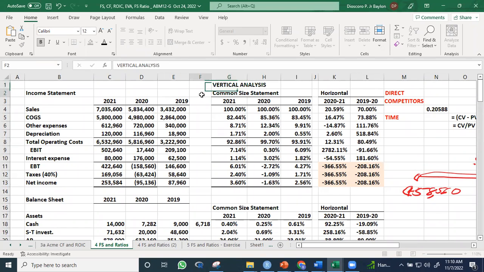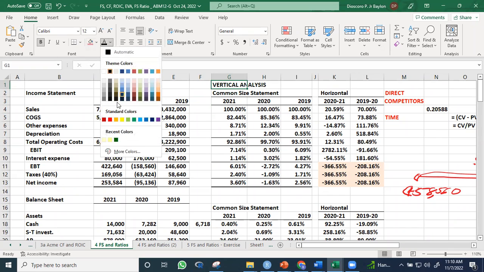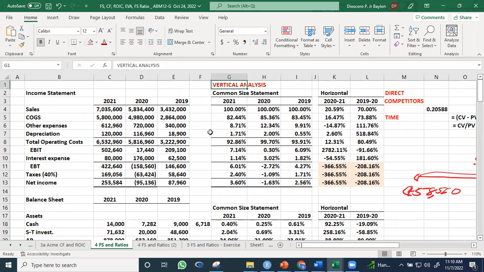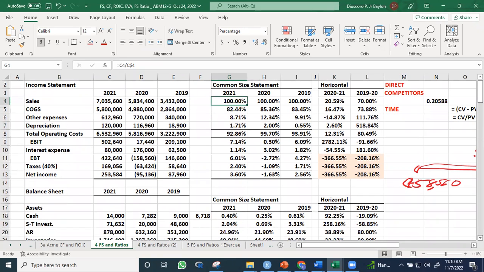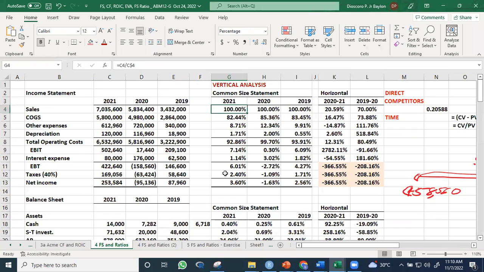Okay, this is called vertical analysis because everything is expressed in terms of a particular account. For the income statement, it's sales. So sales will always appear to be 1 or 100%, and the rest are fractions or proportions of sales, which is a pretty good thing to do because we would like to compare all the items in the income statement to sales.